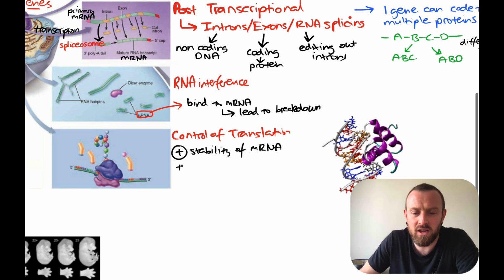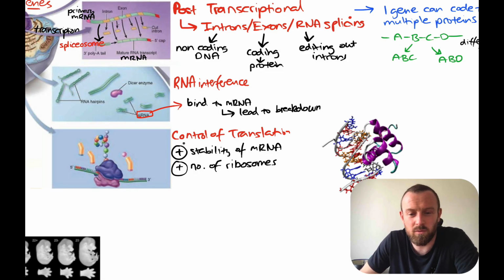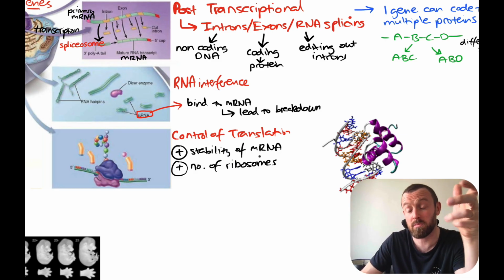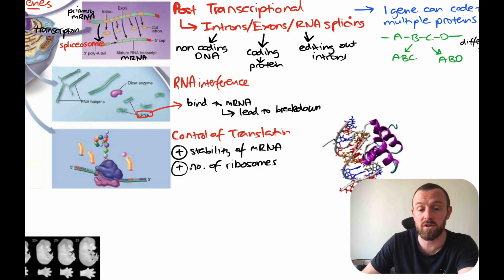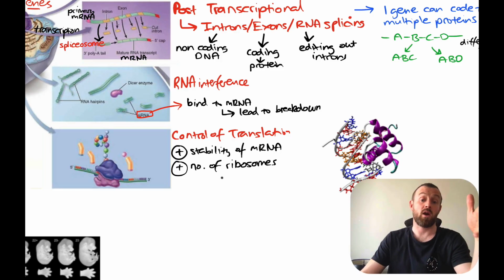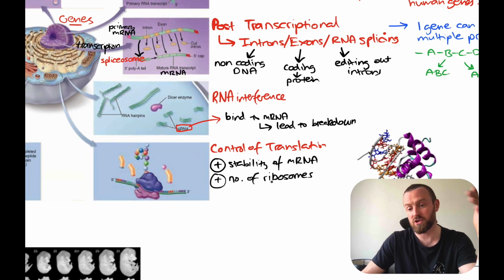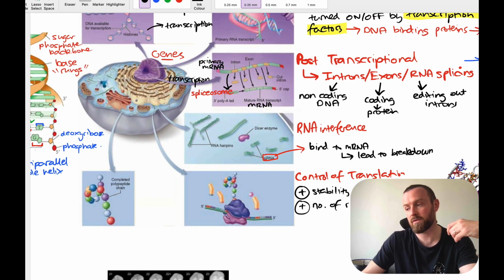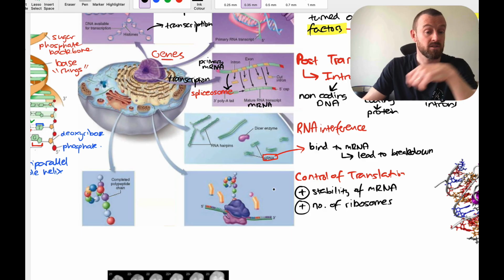And anything that increases the number of ribosomes will generally increase the amount of proteins a cell makes. So we can control the expression of genes partially through modifying translation by manipulating the stability of messenger RNA or manipulating the number of ribosomes in the cell. And if you can imagine, if the messenger RNA was somehow made less stable, that would affect it, or if there were fewer ribosomes, then that would affect it.